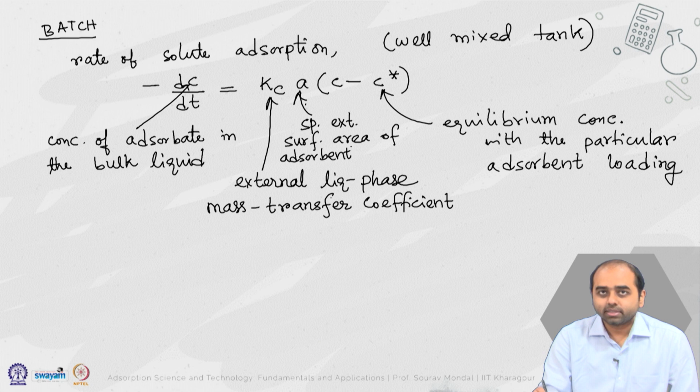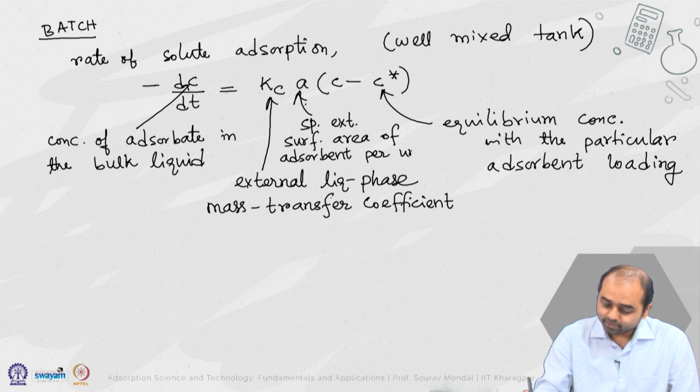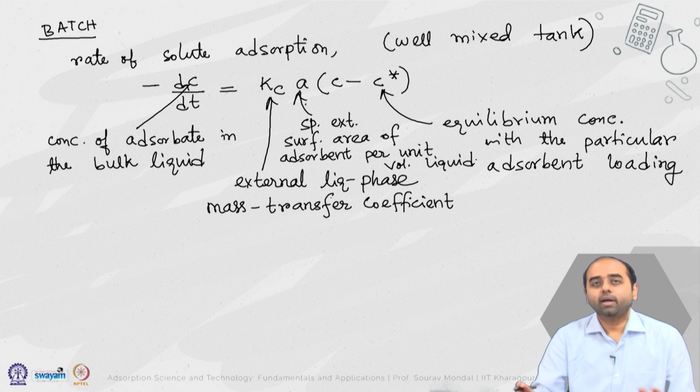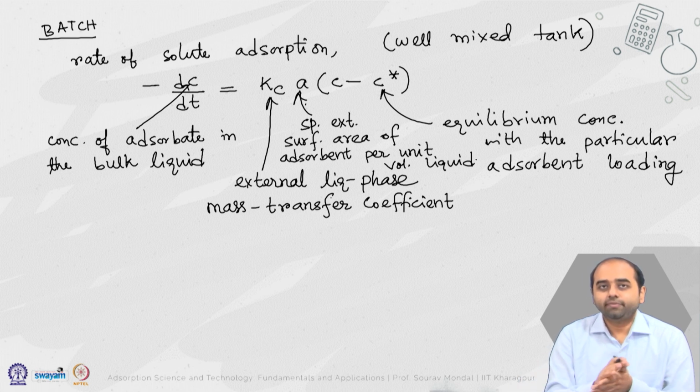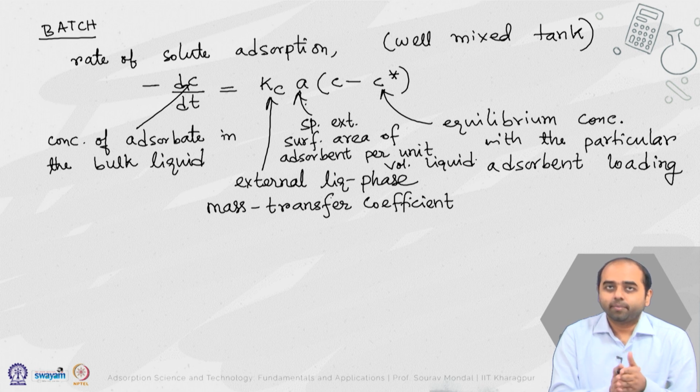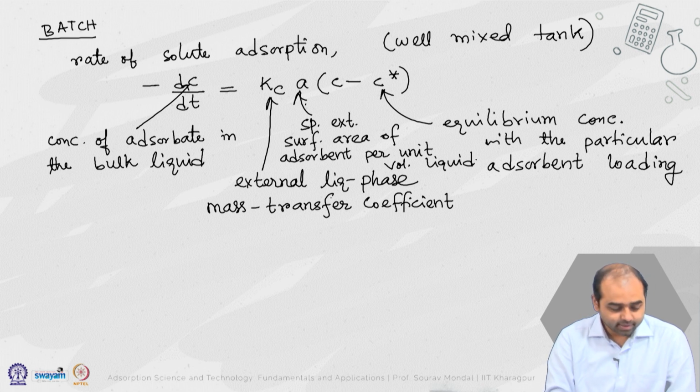Because this is what determines the level of adsorption per unit volume of liquid, or I can say per unit volume of the liquid phase solution that is adsorbed by this particular adsorbent.